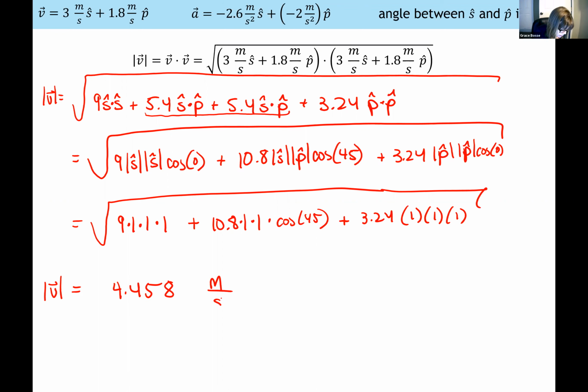And it would have units of meters per second, the same units that you see in the velocity vector itself. It would be meters per second times meters per second, then square rooted, you get meters per second back out in the end. So that's my norm of vector v.